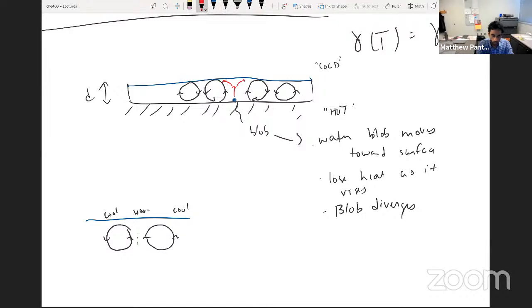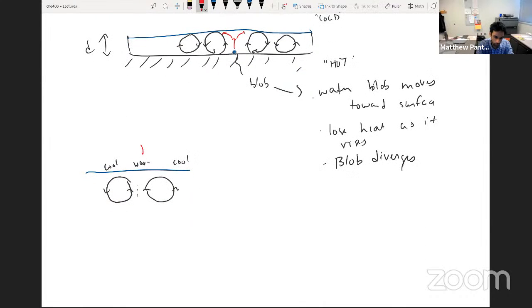And because of our relationship of surface tension with temperature, in the warm place the surface tension will be a little bit smaller, and in the cool places it'll be a little bit larger. So this has an effect of driving flow, not just convection of that differential packet, but also bulk fluid flow.